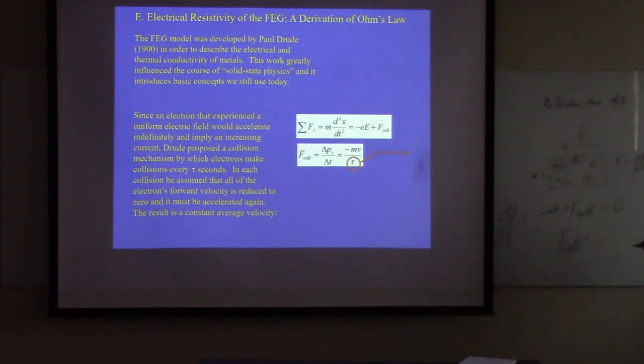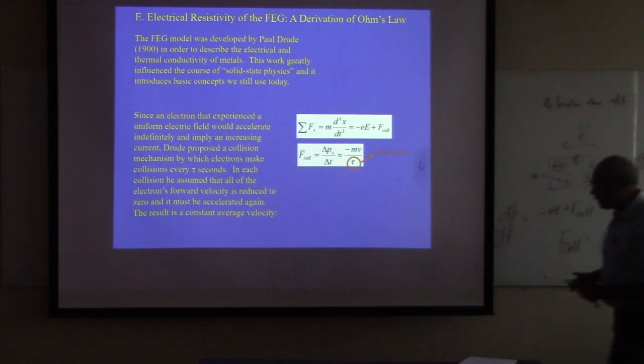This F collision, the relaxation time approximation, is basically negative delta P due to collision over delta t, but this delta t happens at time tau. So I can write it as final momentum, which is zero, minus mv before the collision, over tau. That's the relaxation time approximation.